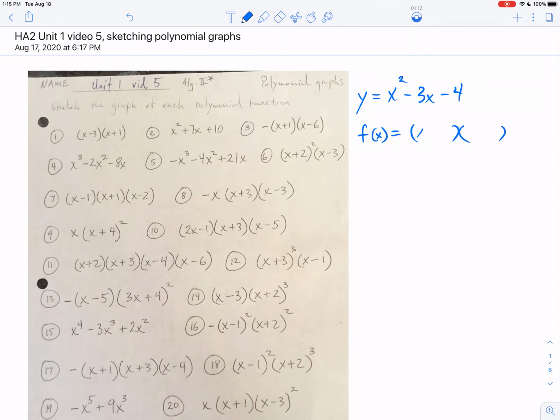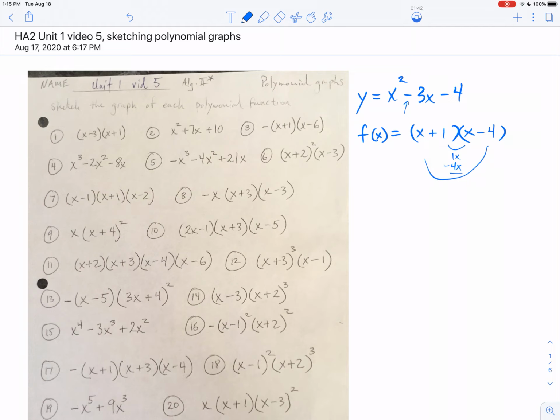I'm going to be breaking this thing down by factoring, and I'm going to factor it and say, well, I need a positive times a negative to get a negative 4. When I combine the information, when I check my answer when I factor, I want to make sure that it ends up being a negative 3x. So what I've done is I've basically broken this thing up into its smaller components, or its binomial factors. So here's how this works.